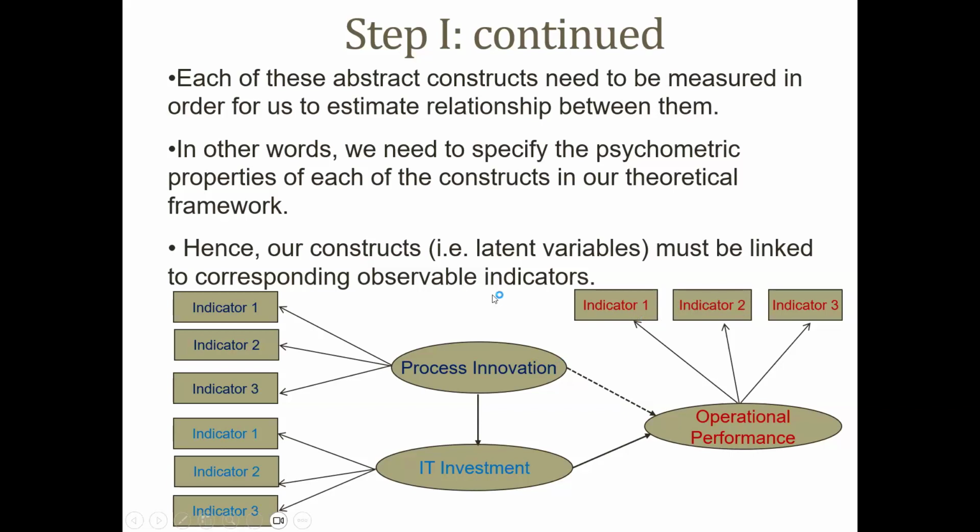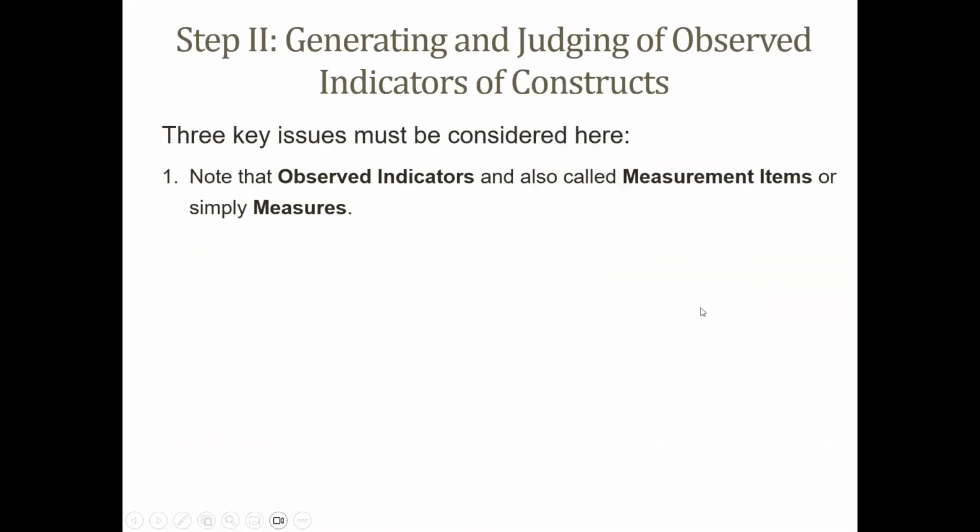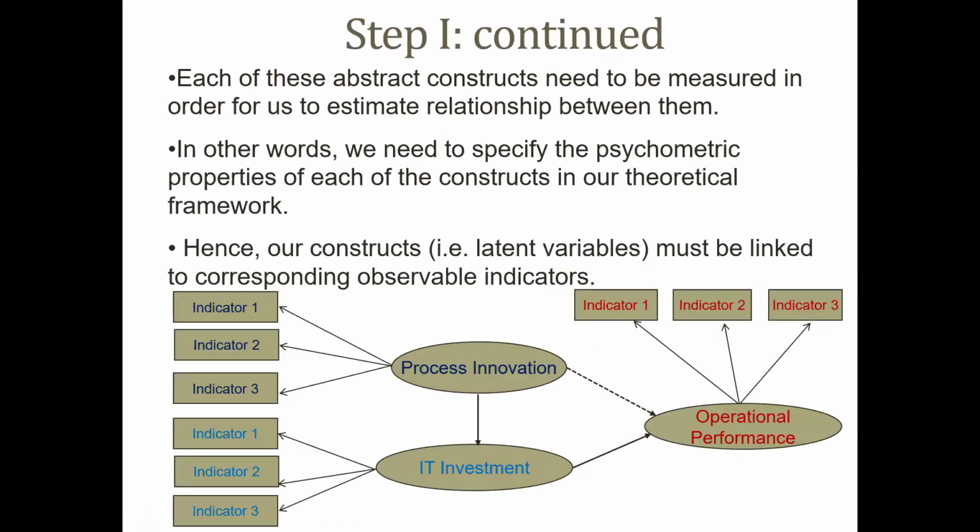They are also called observable indicators, and a set of them are called measures or measurement items. So when you hear indicators, measurement items, or measures in the dialogue of research, we simply mean the observable characteristics or features of your latent constructs.